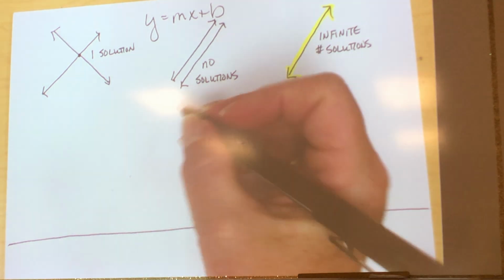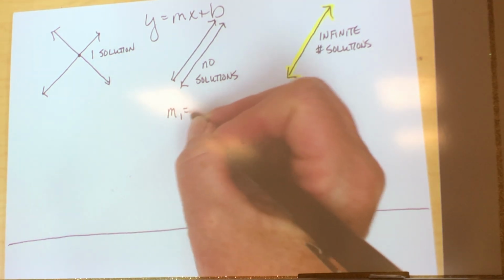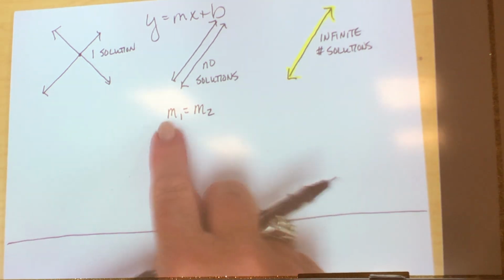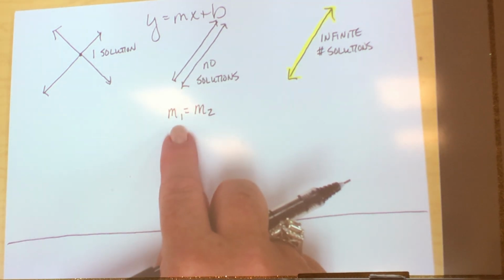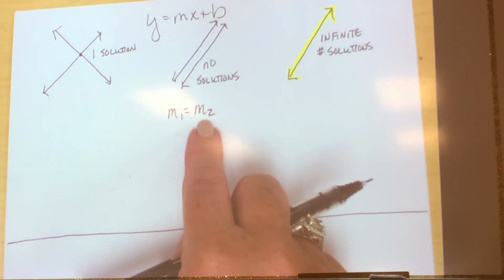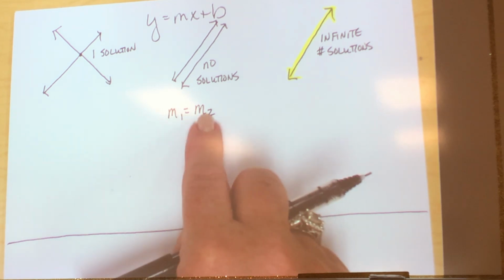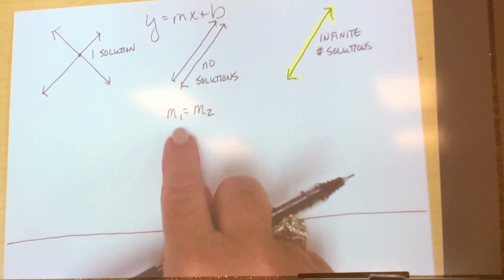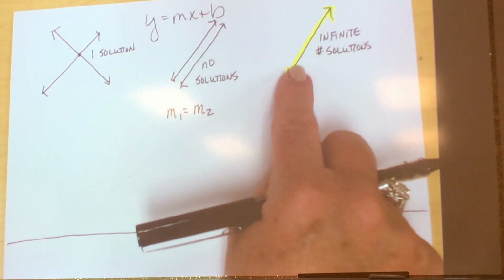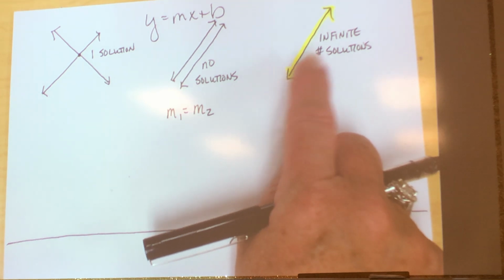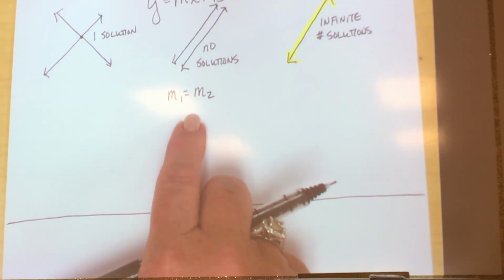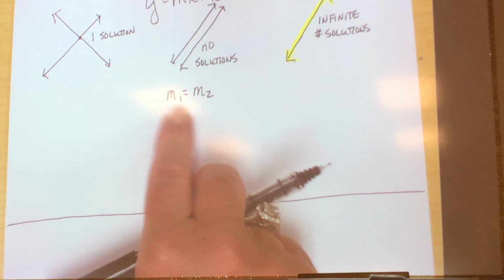Their slopes are the same. What about their y-intercepts? Do we care about them? Could they be the same? Why not? Yeah, Austin said they could be the same because then they'll be right the same thing. That's this right here. So do I care about their y-intercepts? Yes, I do. What do you know about them?